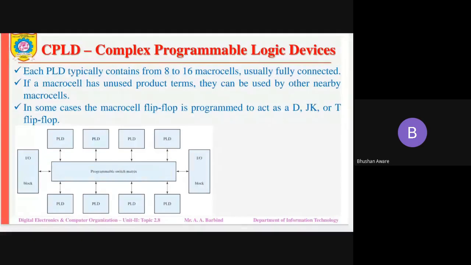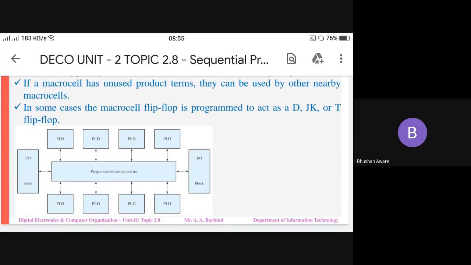Each PLD typically contains 8 to 16 microcells. That means essentially every PLD is something like an SPLD, usually fully connected. If a microcell has unused product terms, they can be used by other nearby microcells. In some cases, the microcell flip-flop is programmed to act as a D, JK, or T flip-flop.